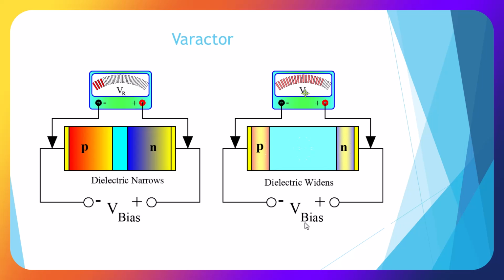Based on the bias that we put on here, if we add voltage in reverse, our dielectric widens, which changes our capacitance. If we put a lower voltage on it, our dielectric narrows, also changing our capacitance. So essentially this is a variable capacitor based on our applied voltage in reverse.